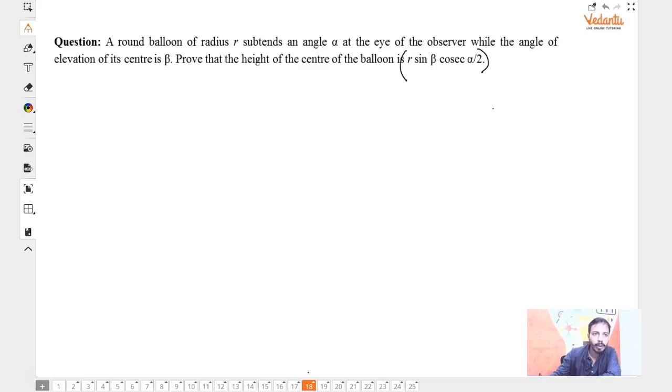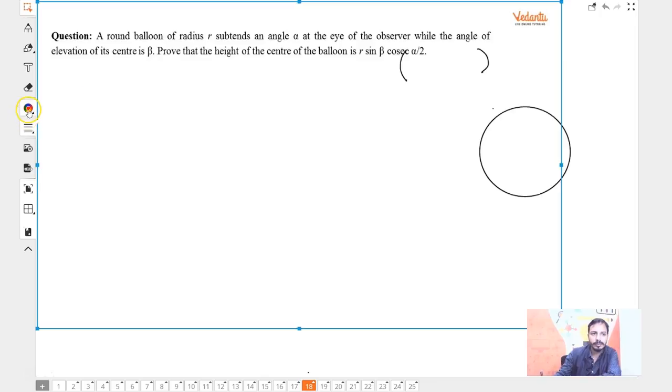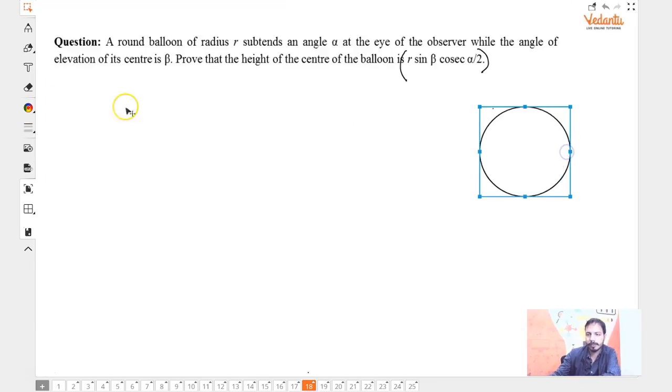So, few of you are asking how it will look like. It will be something like this. Suppose you have a circle in this way. Now, let me say that I am standing somewhere here, so this is the eye of the observer.